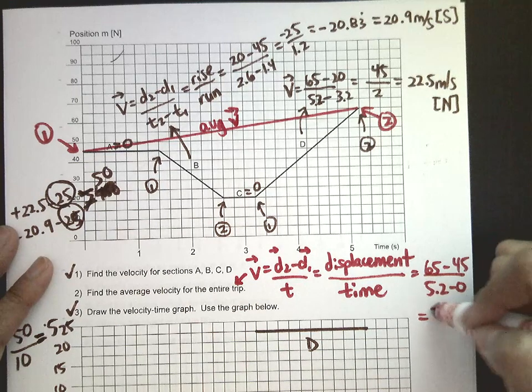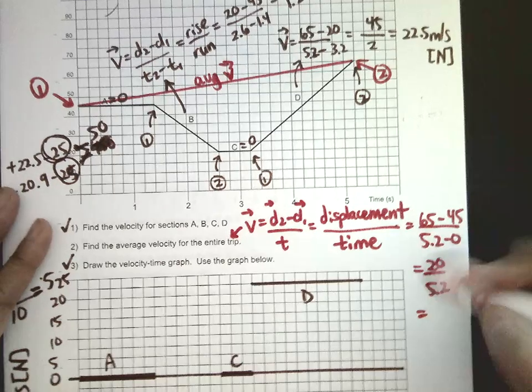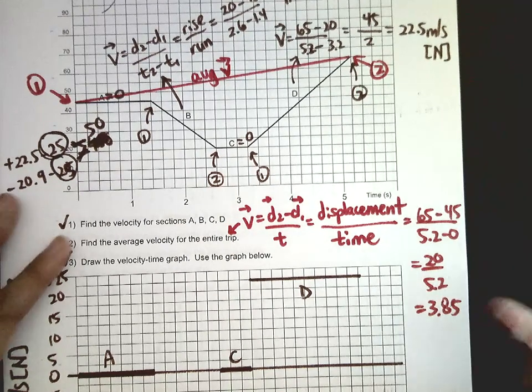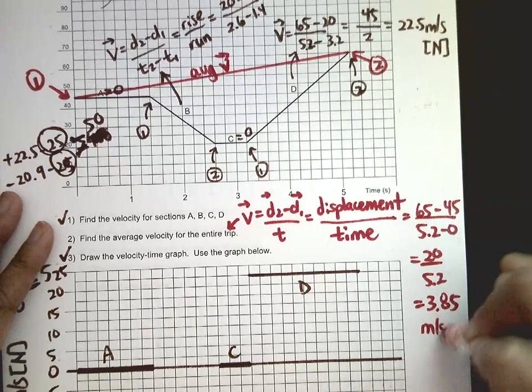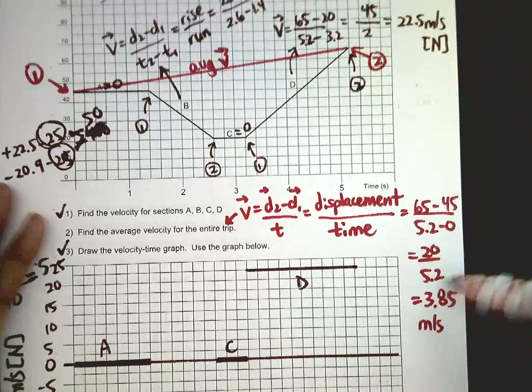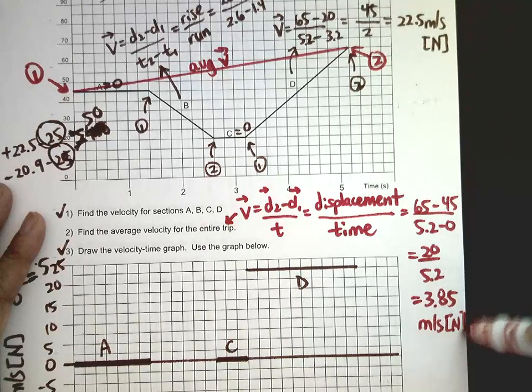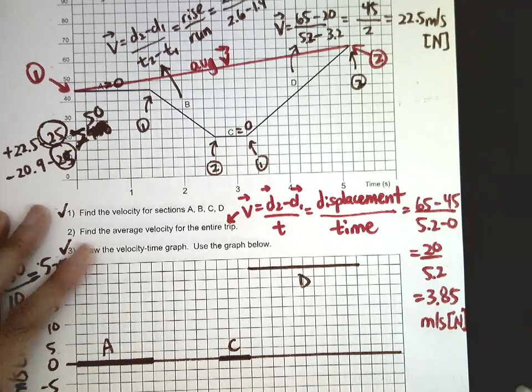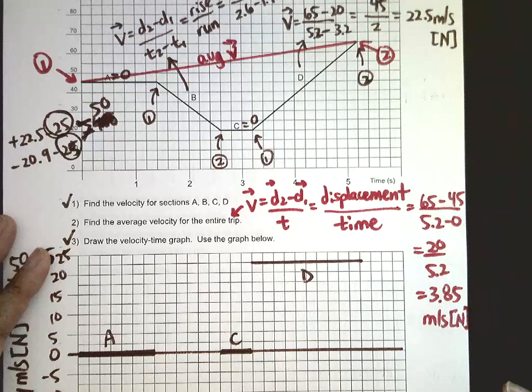So we got now 20 divided by 5.2, and that is going to give me an answer of 3.85 approximately, I'm rounding up, meters per second. You'll notice this is a positive slope, which is good. You get a positive answer, and so meters per second north. And there you go. So that's how you do question number 2.